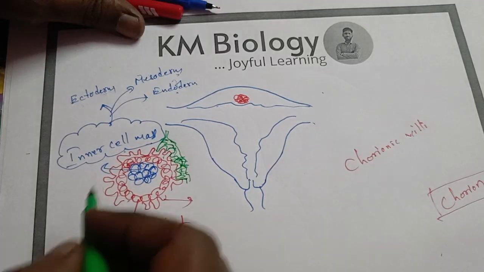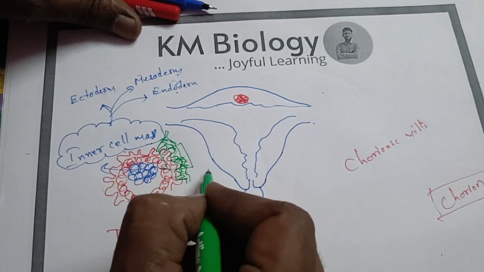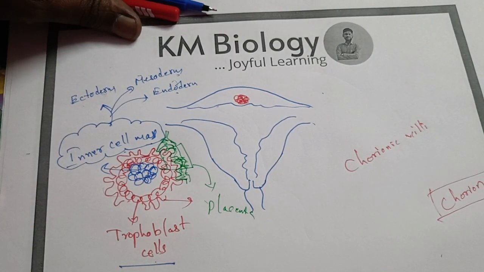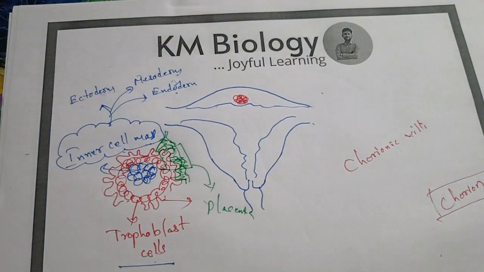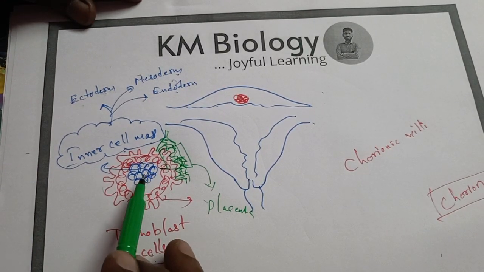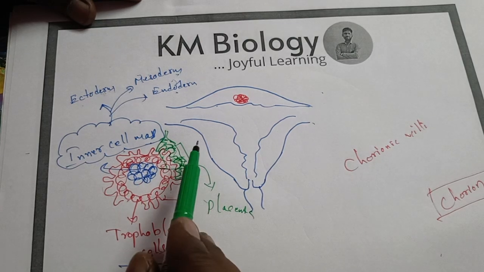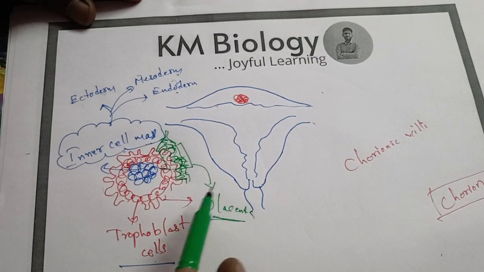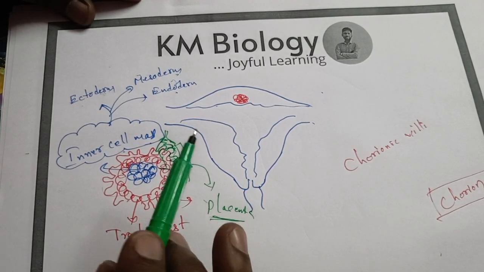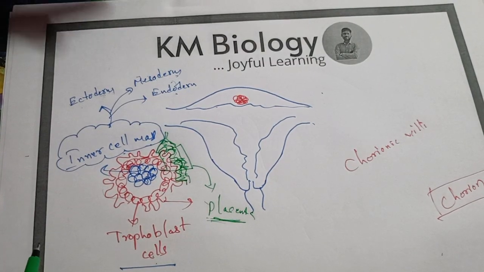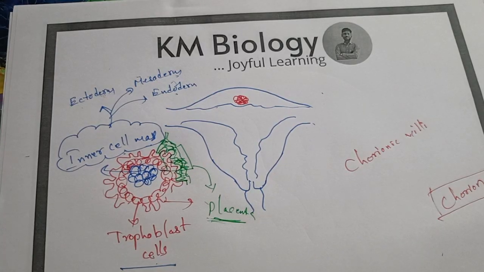And this interdigitated structure is called placenta. It is a very important structure which acts as a bridge between the developing embryo and the mother. It is for the mutual exchange of substances between mother and embryo. So that's what we call placental mammals. So, placenta. Right.